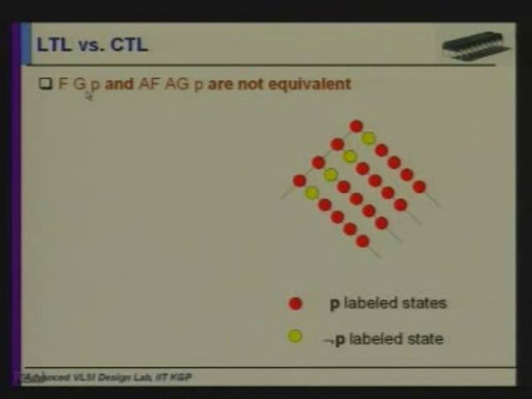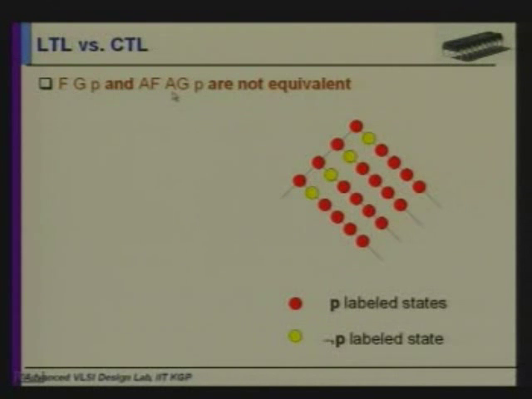What future global P means is that starting from these states across all paths, in future globally P will hold. It does not talk about the formula holding on a particular state. It talks about the formula holding on all paths. So whatever path you take, you can see globally P will be true. Red marked states are P labeled states. So in this path, wherever you go, globally P will eventually hold.